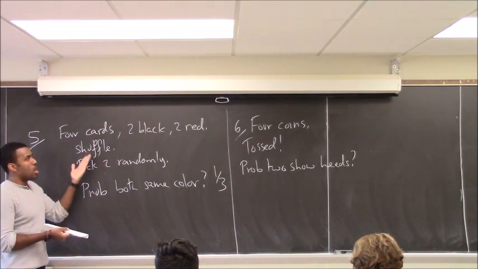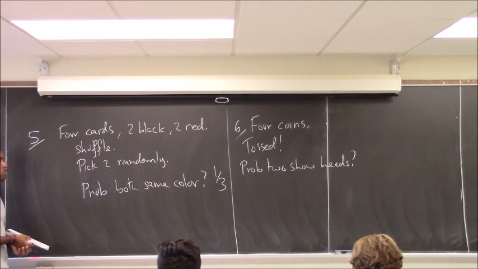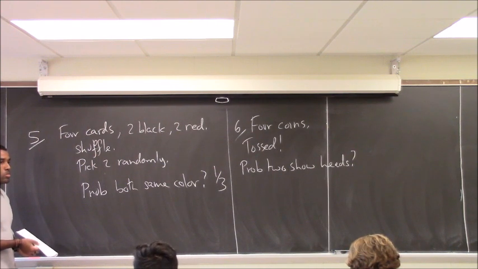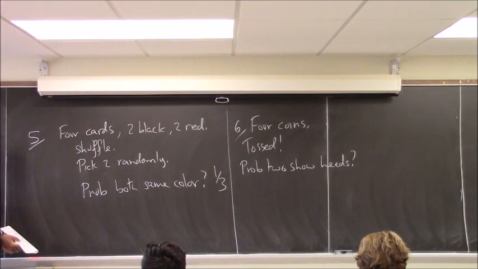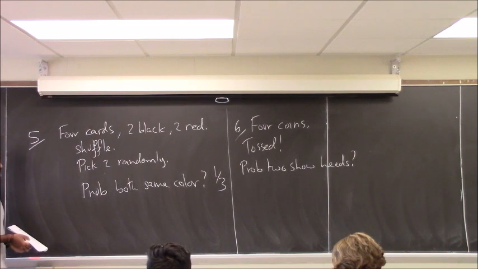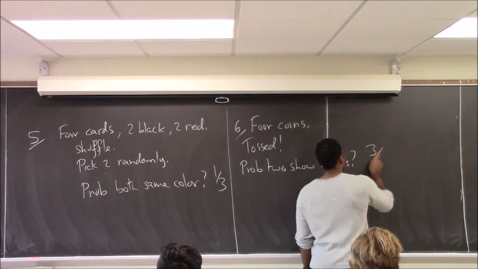Well, it's kind of like 4 cards. You know, you have red and black, heads or tails. What do you think? A half. Yeah, a half. So 3/8 is the answer.